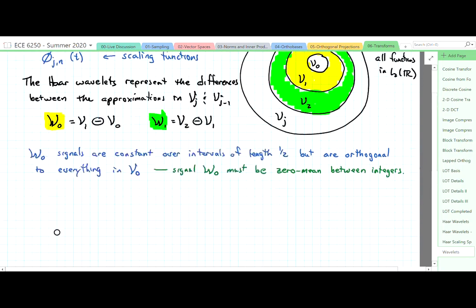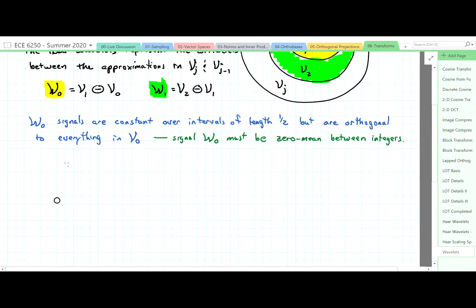So let's look at what that would look like. It's kind of an interesting function. So if this is from 0 to 1, this would be our φ_{0,0}(t).